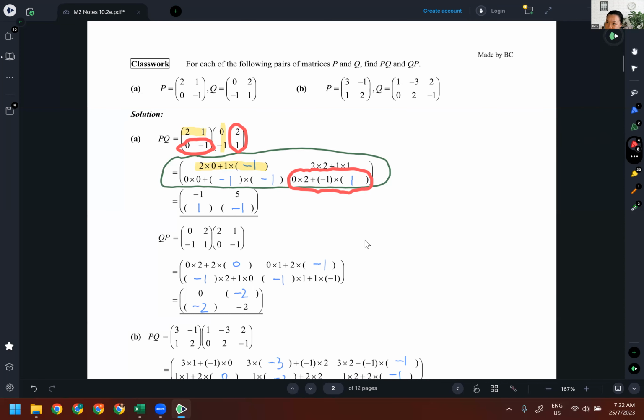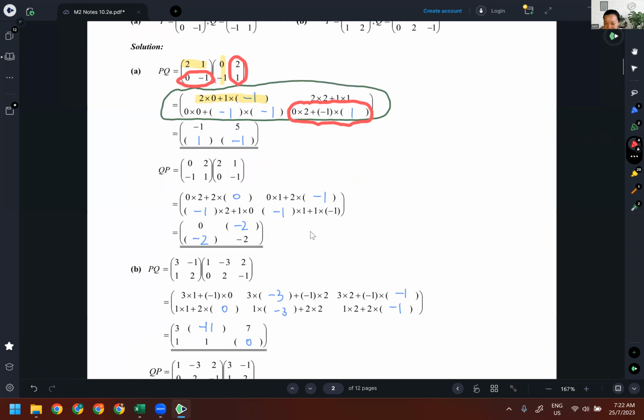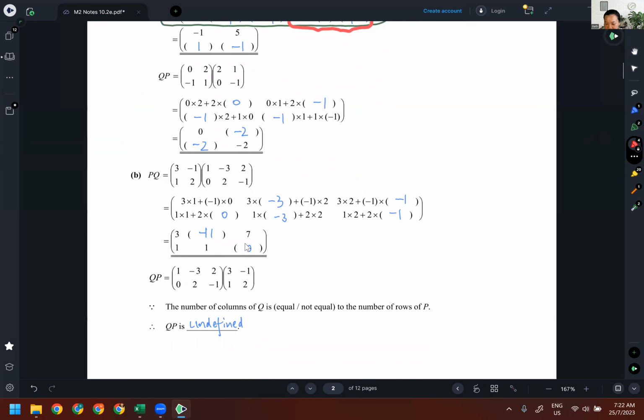Is that okay? Now pay attention that you see P times Q in part B is a matrix. The outcome is a matrix because the sizes match. But Q times P, no. A 2 by 3 and a 2 by 2, they do not match.